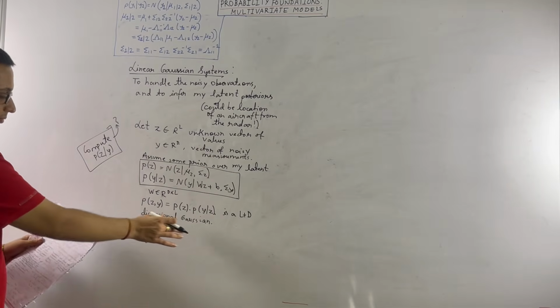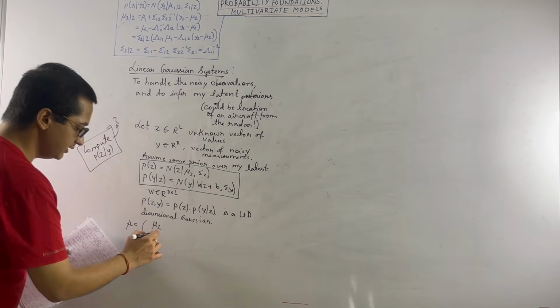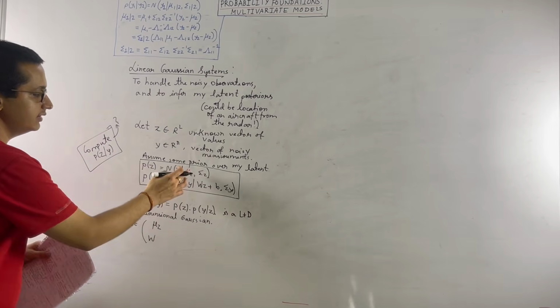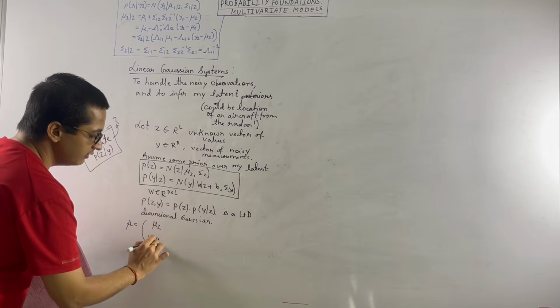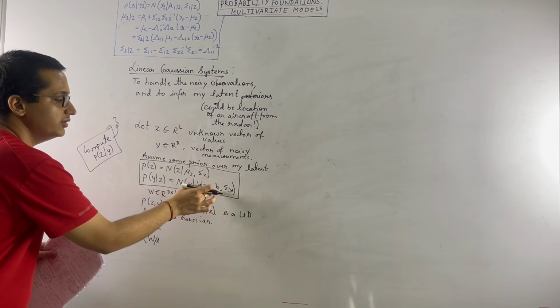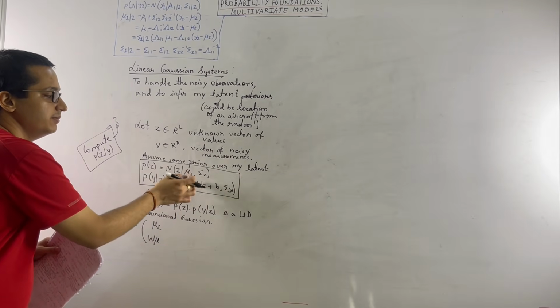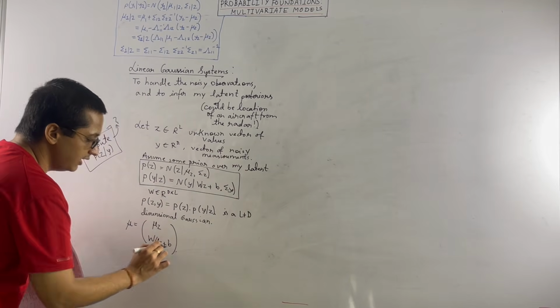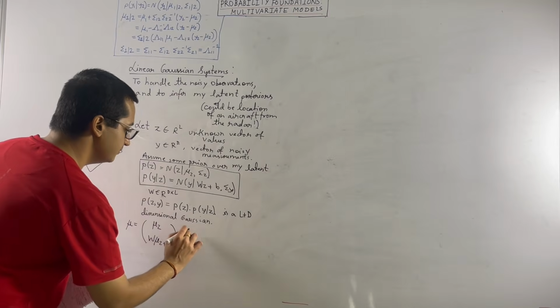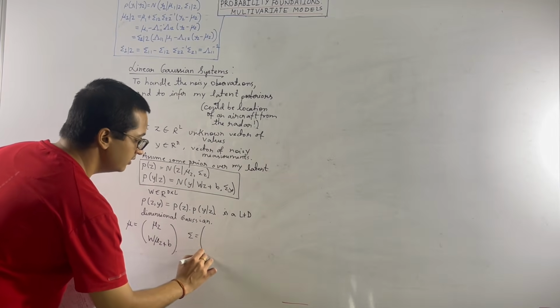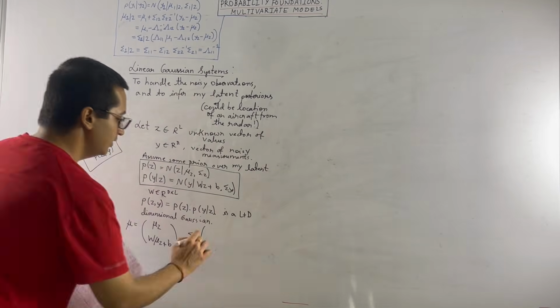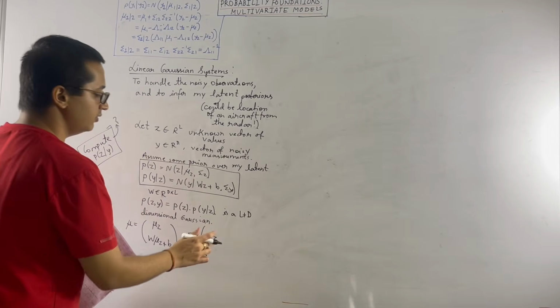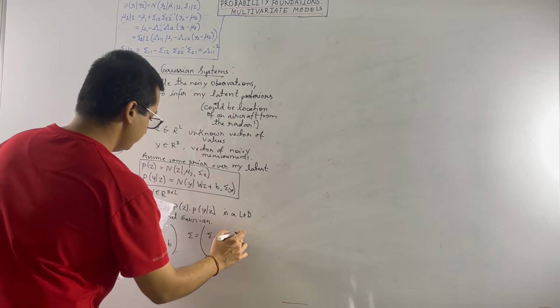The mu and the sigma for the joint: for this it is mu z, and for this it will be what? So the mean was Wz plus b. So in place of z we put the mean value, right? And the covariance sigma is sigma z, so sigma 1 1, right?